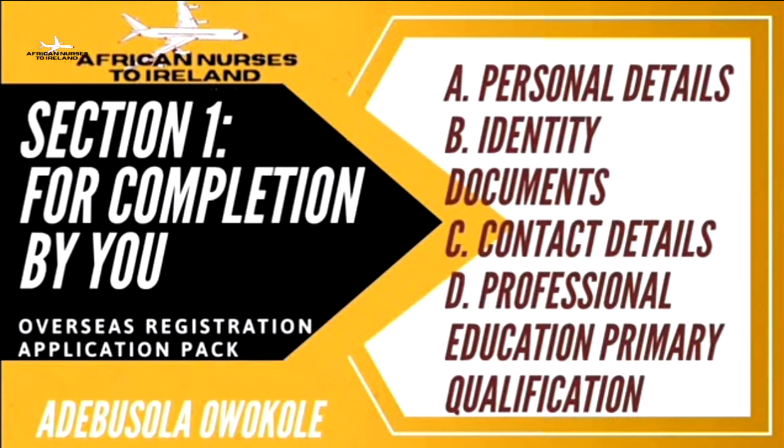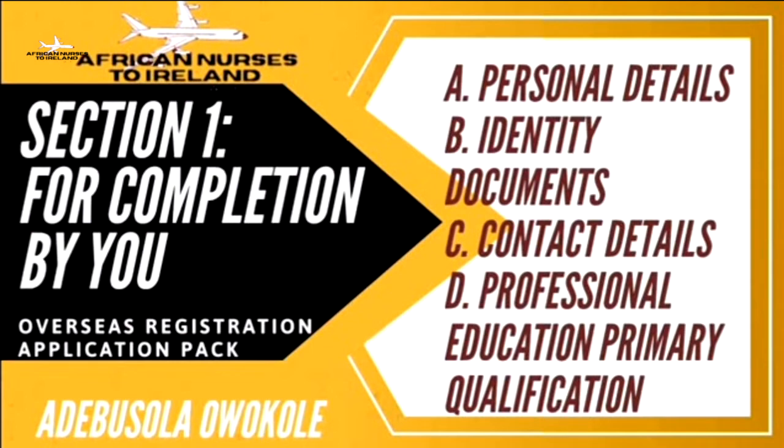So you take the original document, and you make a photocopy of the biodata page and you give it to them in the office of the commissioner for oath. So they're going to stamp it. You'll be asked to pay, and they'll stamp it and give you a certified photocopy of a valid current passport. So that's what you're going to send as your proof of identity to NMBI. Make sure your photocopy is legible and clear enough to read.